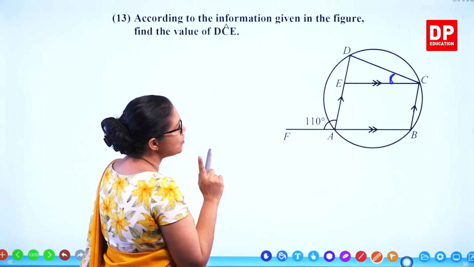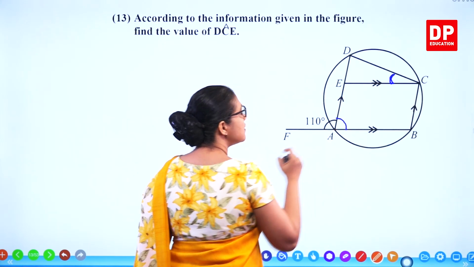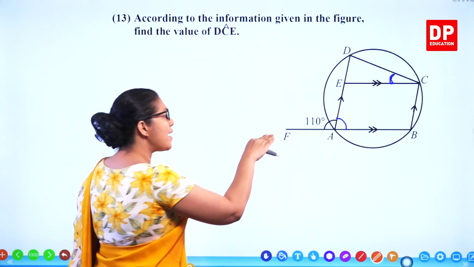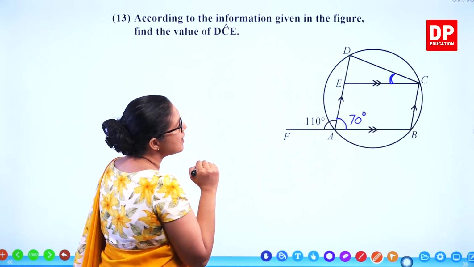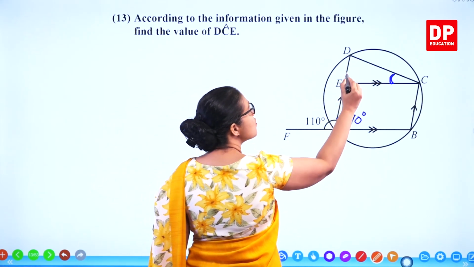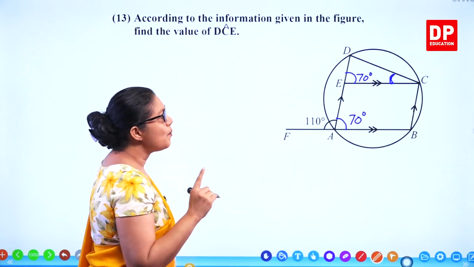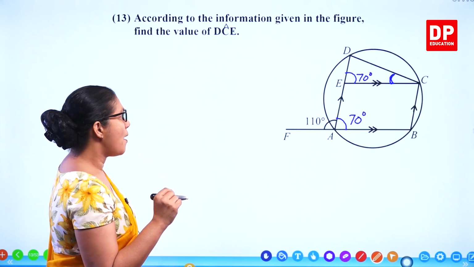Now what can you say about this angle? 180 minus 110, because this is a straight line. So you can mark this as 70. What else can we mark? If this is 70, this is also 70 because corresponding angles are equal when the two lines are parallel. What else can we mark?